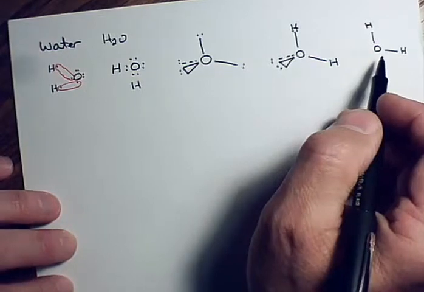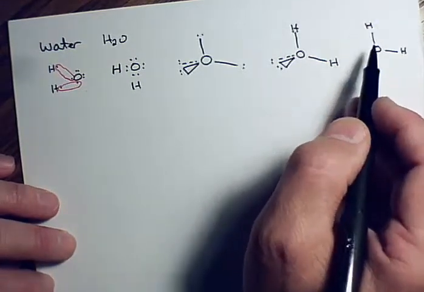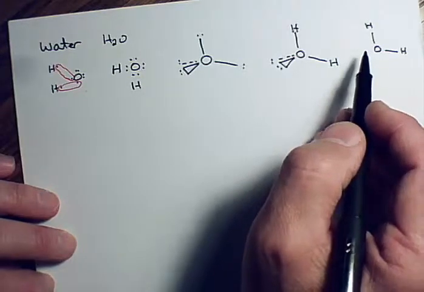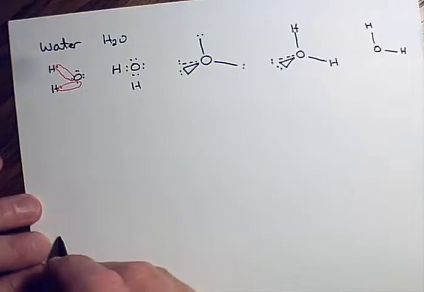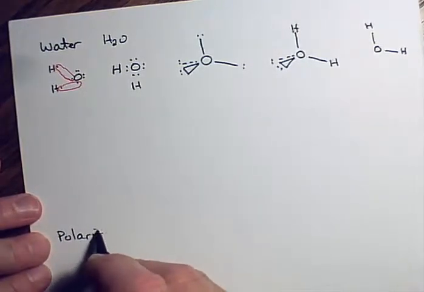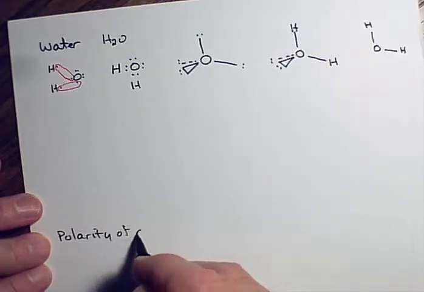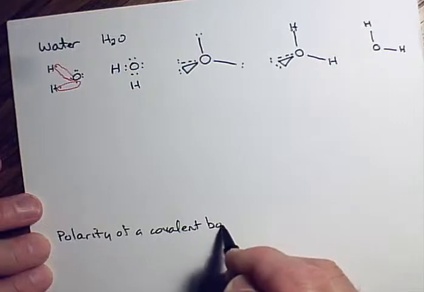Okay, all right. So let's talk about when we get a polar molecule. We got hydrogen atoms and an oxygen atom. We need to figure out the polarity of the bond, and we're only talking about covalent bonds.